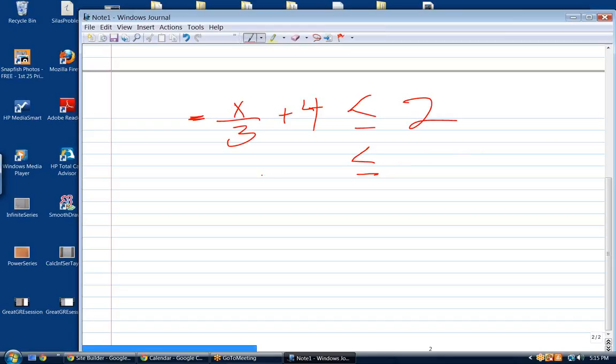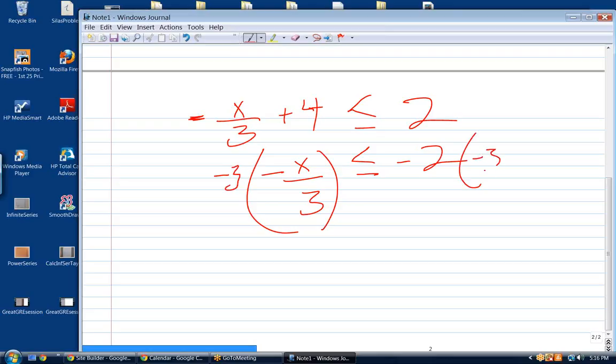So now, after the first step, you have this. Now, instead of multiplying both sides by 3, I have to multiply both sides by minus 3 in order to get x all by itself. And the moment I multiply both sides by minus 3, I got to change this so that it's the other way.